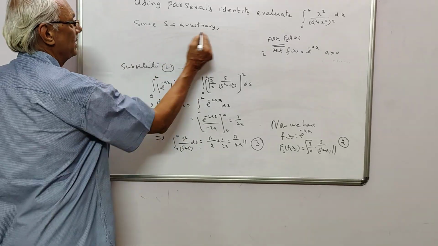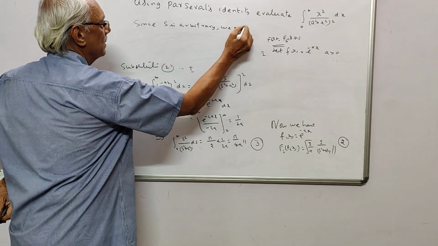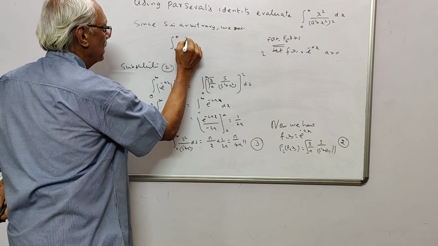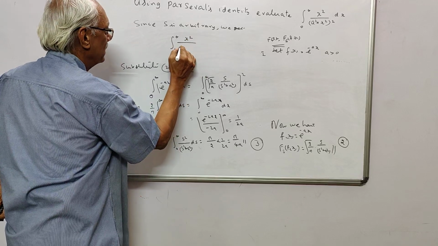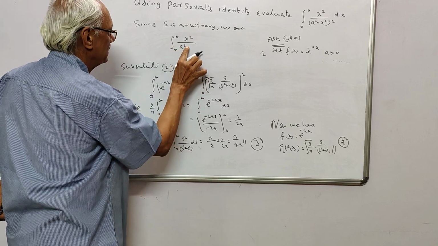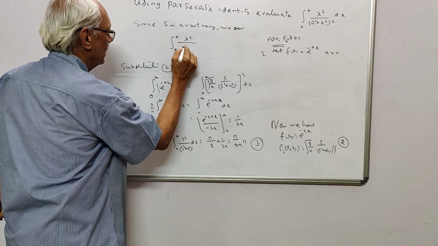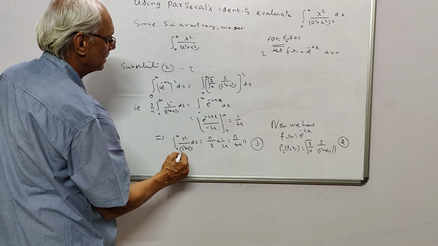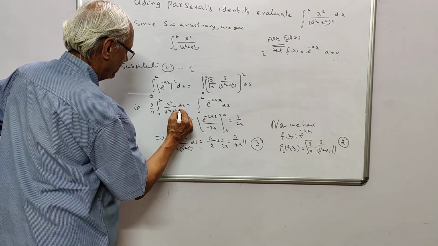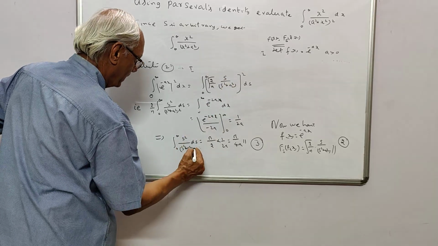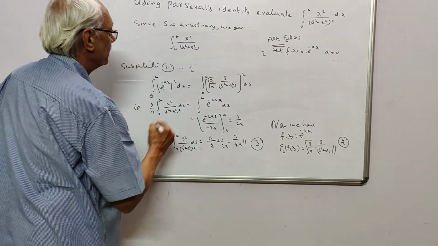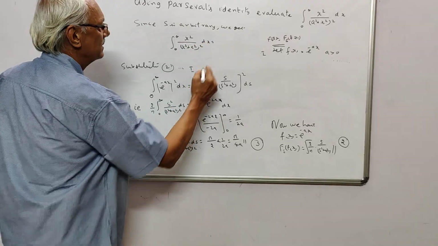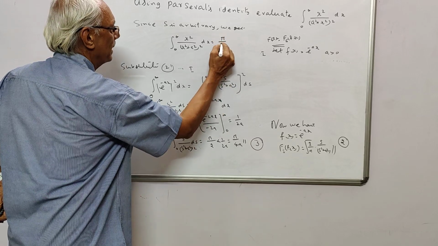So since s is arbitrary, what do we get? In general we get the integral from 0 to infinity of x squared divided by x squared plus a squared, whole squared, dx is equal to pi by 4a.